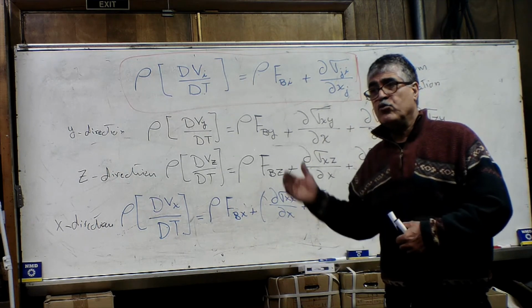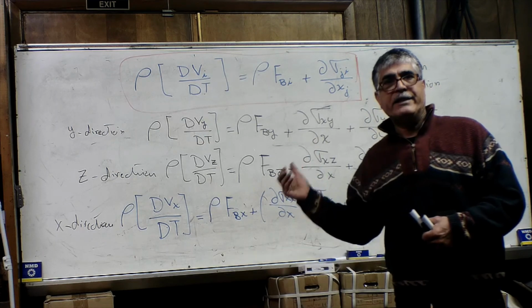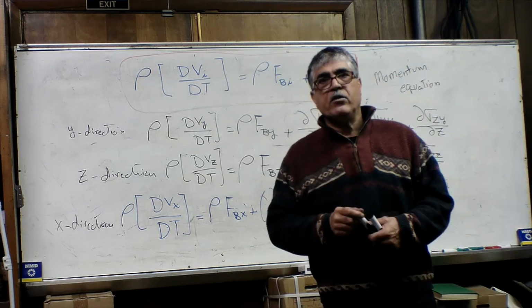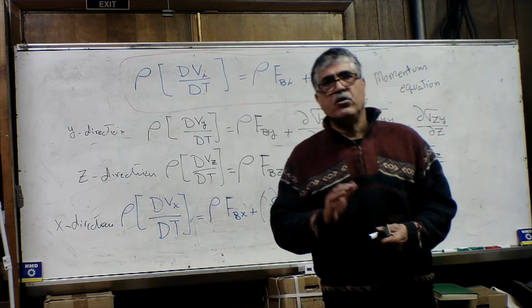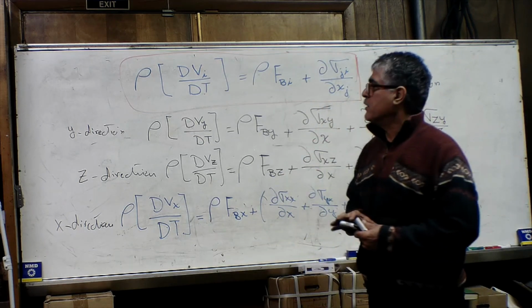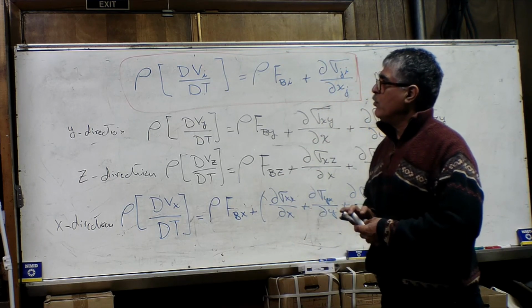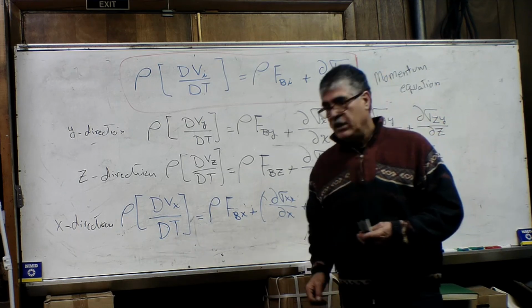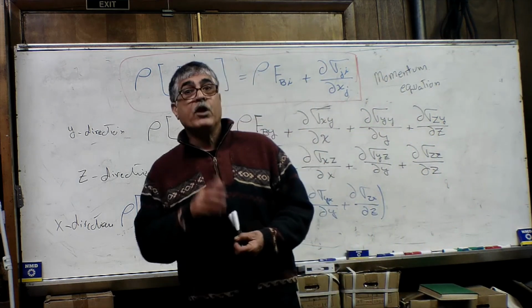For us to derive this formula in cylindrical and spherical coordinate systems, it is going to be a very long process. So what I will do is post a video with the end result.